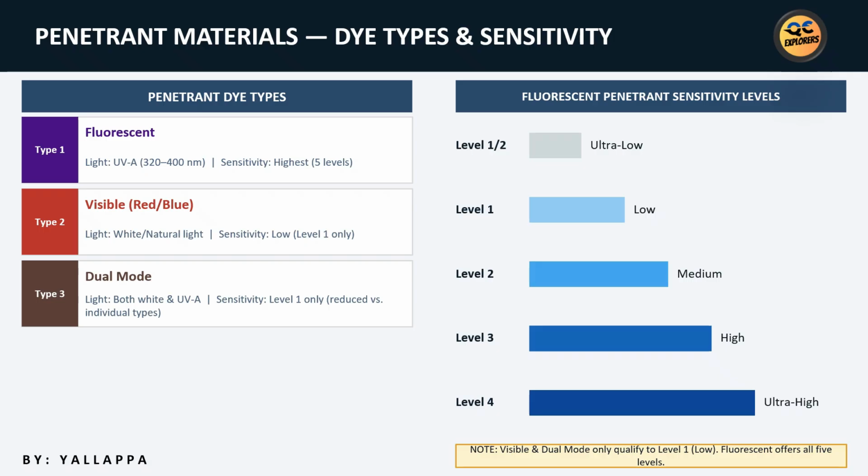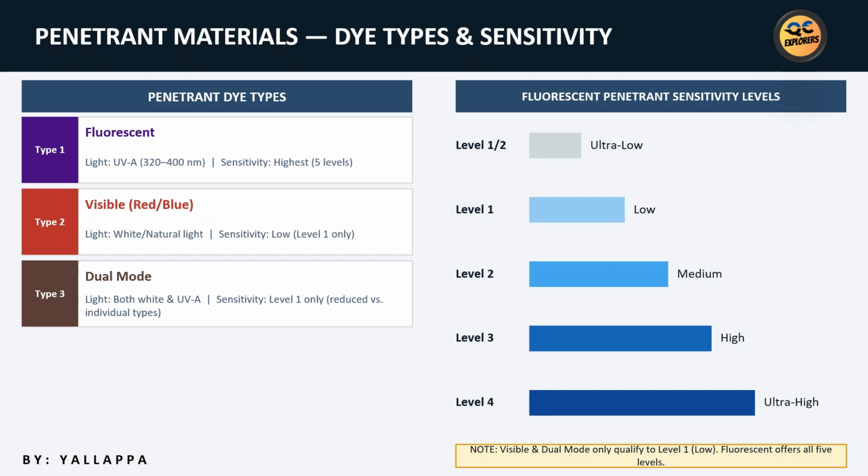First, Type 1 fluorescent penetrant. This method is inspected under UVA light, usually between 320 and 400 nanometers, and this method provides the highest sensitivity. This is very important for certification exams.